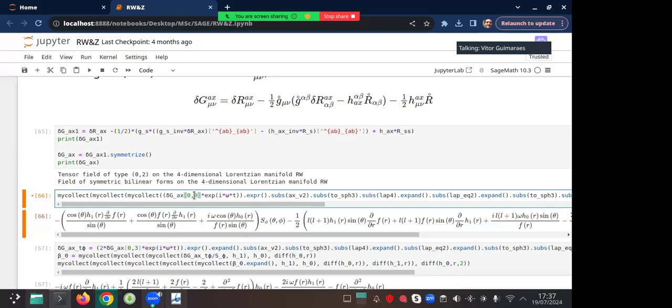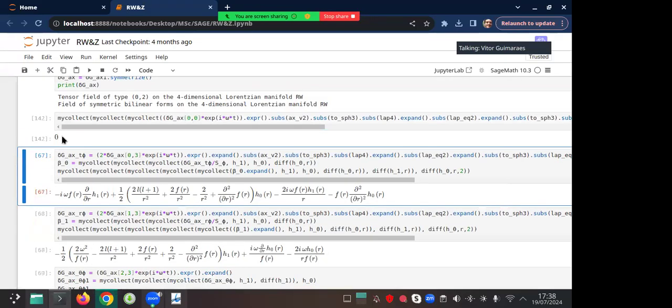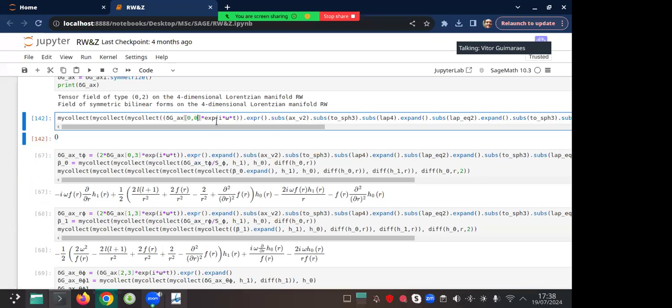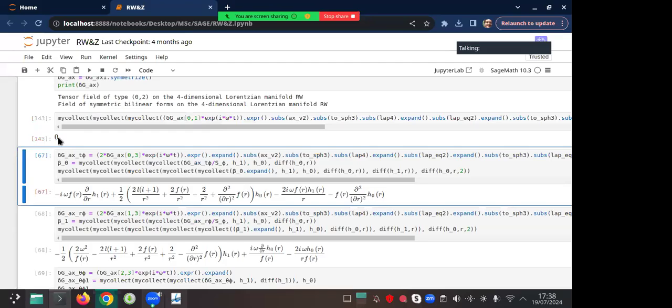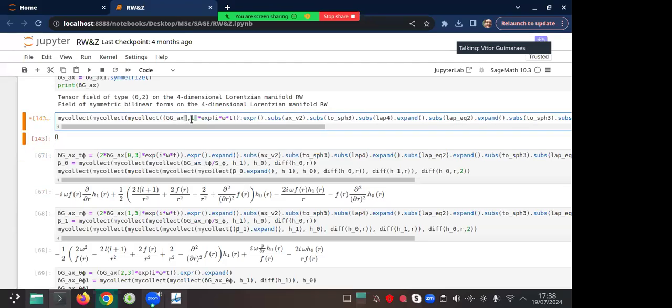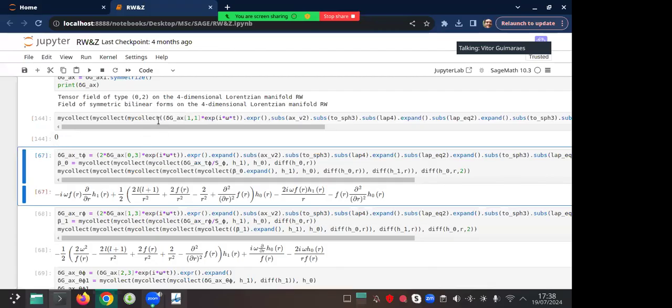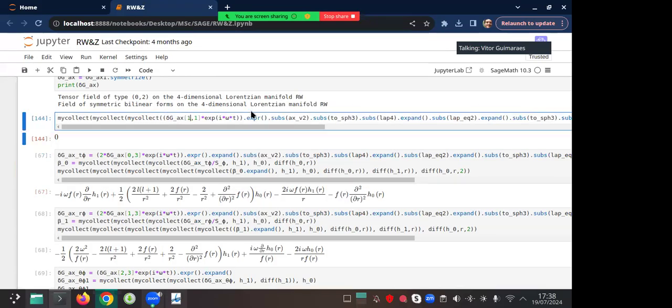So let's see what we get when we take the 0,0 component of this tensor. 0, exactly as we wanted, because this is the odd Einstein tensor. Since the 0,0, 0,1 and 1,1 are all even, all that we want is for them to be 0, because this is the axial part. So okay, this appears to be working.